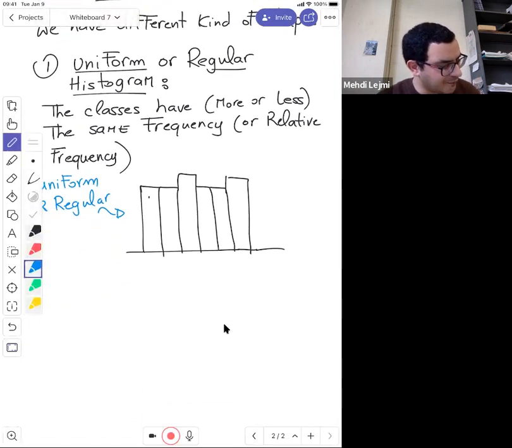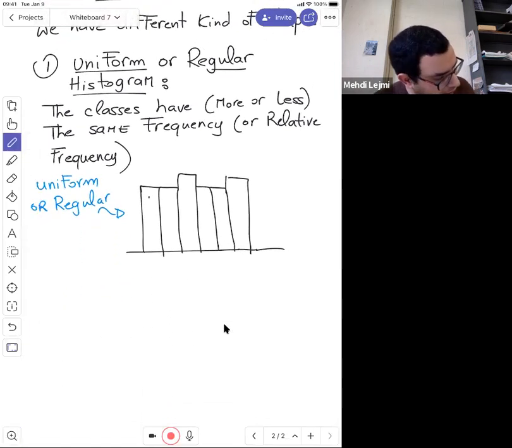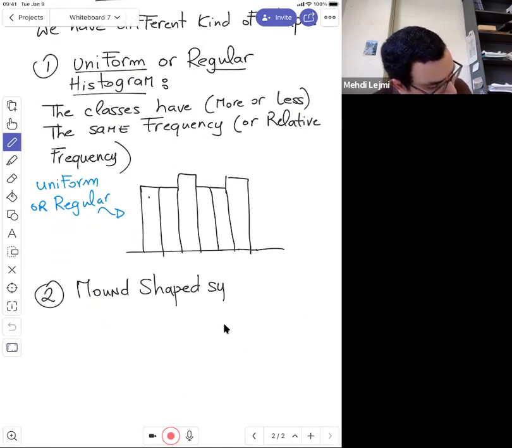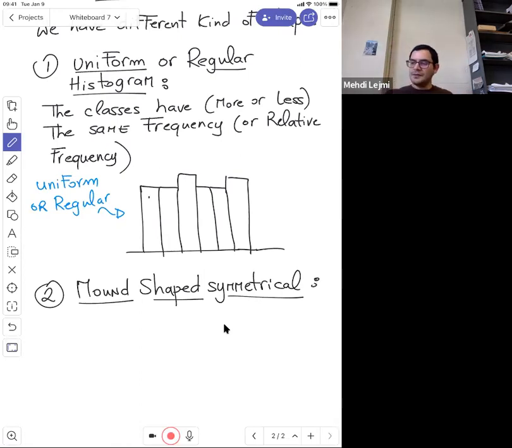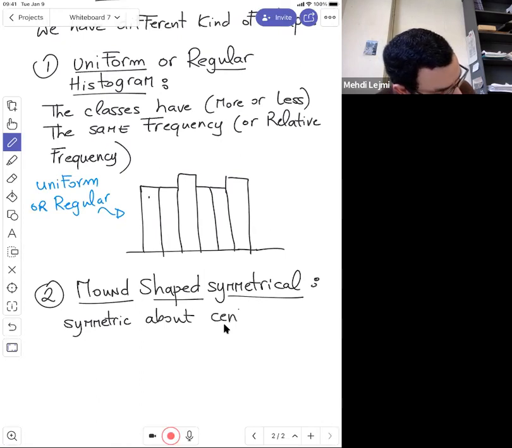Next, we have what we call mound shaped symmetrical. In this case, your histogram is going to be symmetric about the center.